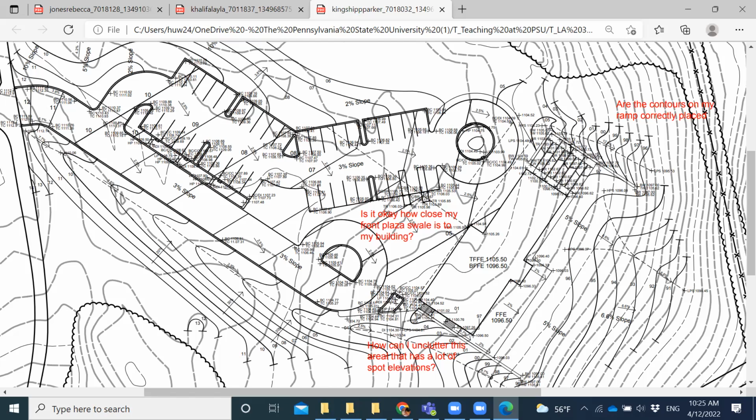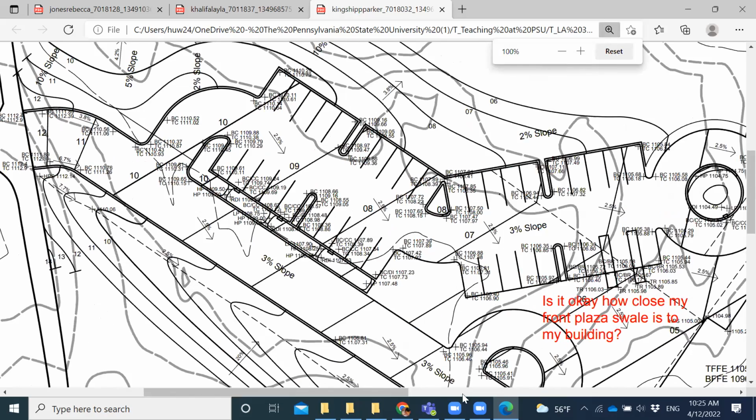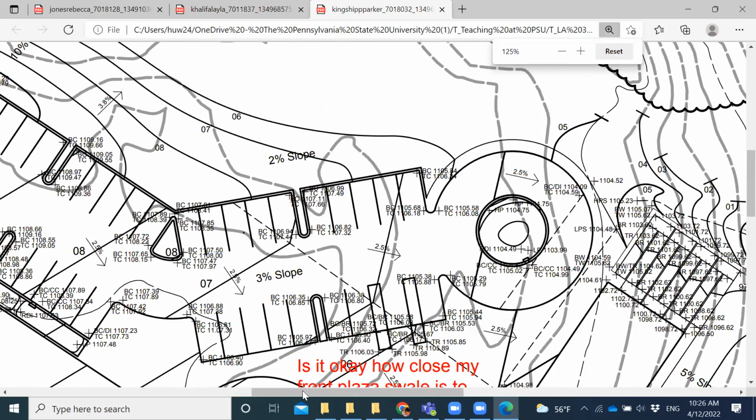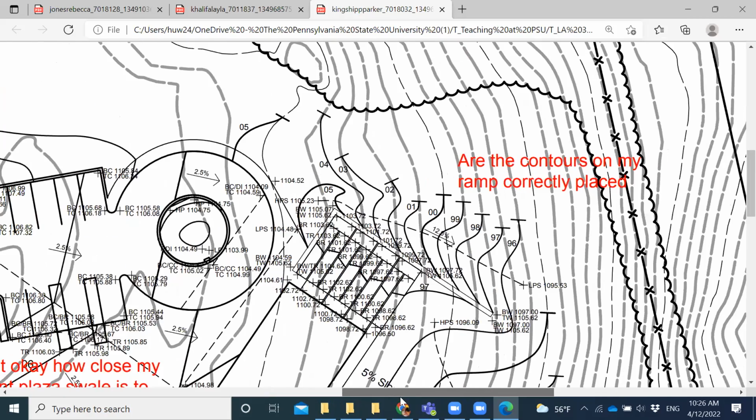And so talking about the contours on the ramp, we would have to have a retaining wall around it. I don't think you need a swale here.